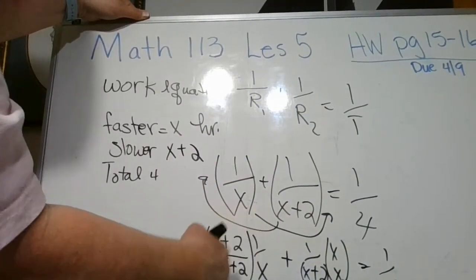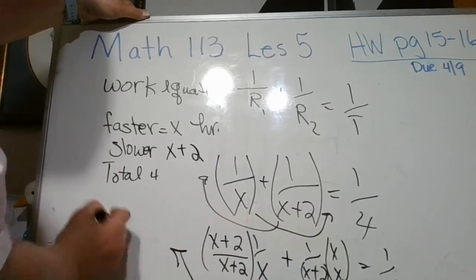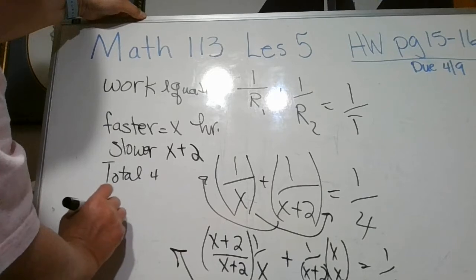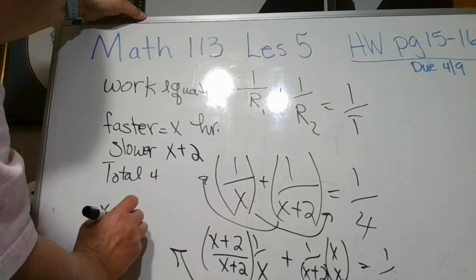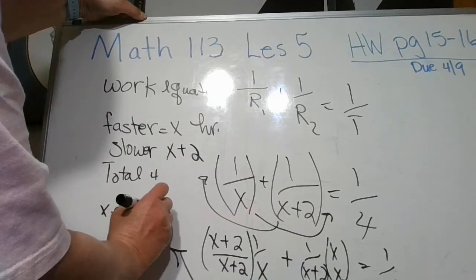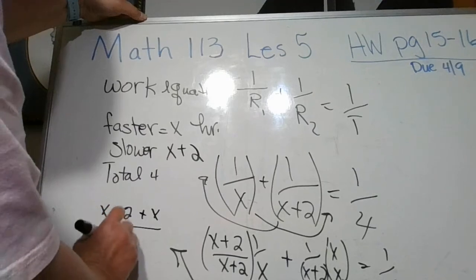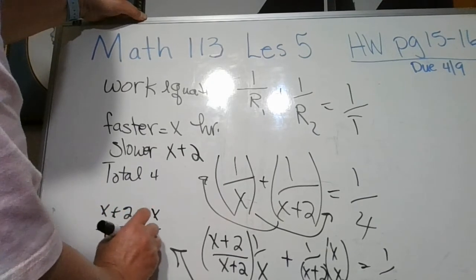So then when I multiply those, I'm going to have x plus 2 plus 1x would be x, and that's all over x times x plus 2.